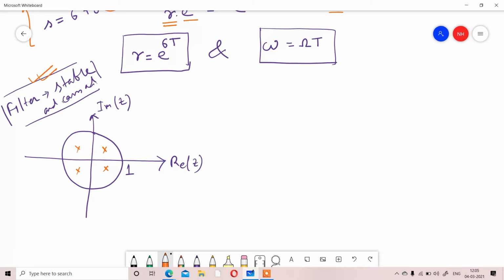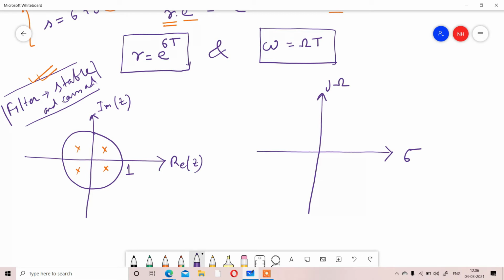Also for the S plane, the real part of S is defined by sigma, and the imaginary part of S is defined by j omega.